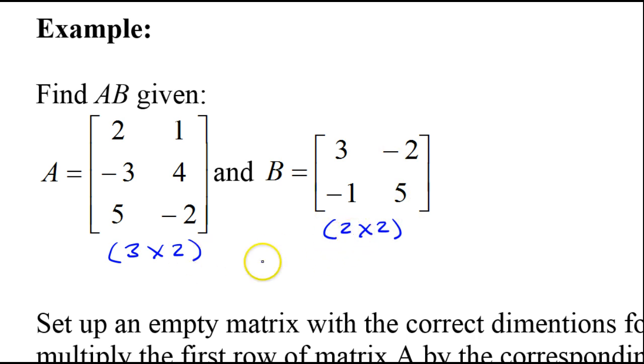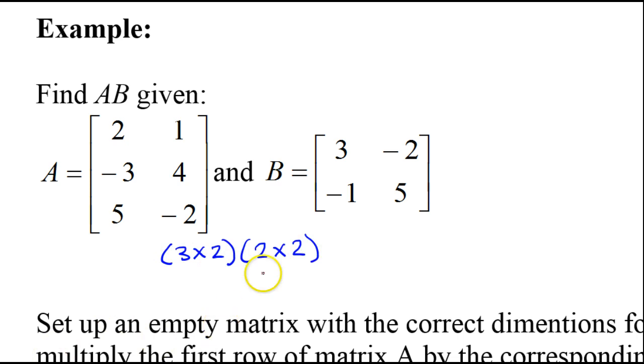I'm going to take these dimensions and write them a little bit closer side by side. For the product of A times B to be defined, the inner dimensions have to be the same. These must be the same, and they are.